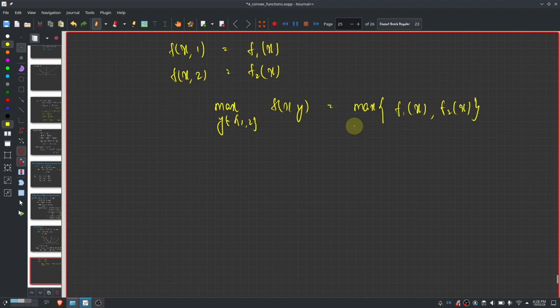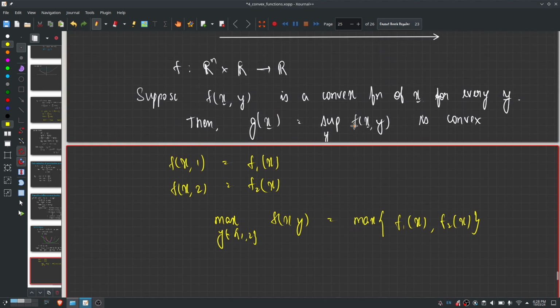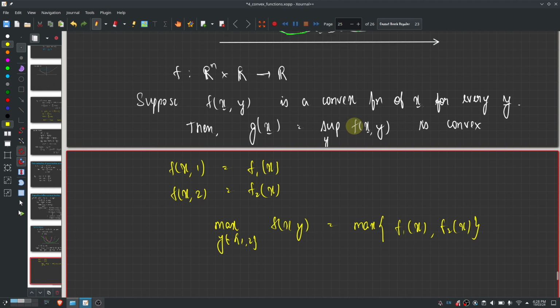Correct. So it's a point-wise maximum. For each point x, I'm finding the maximum of these two function values, and I treat that as my new function. That makes sense. Yes, that is what this is. Any other questions?